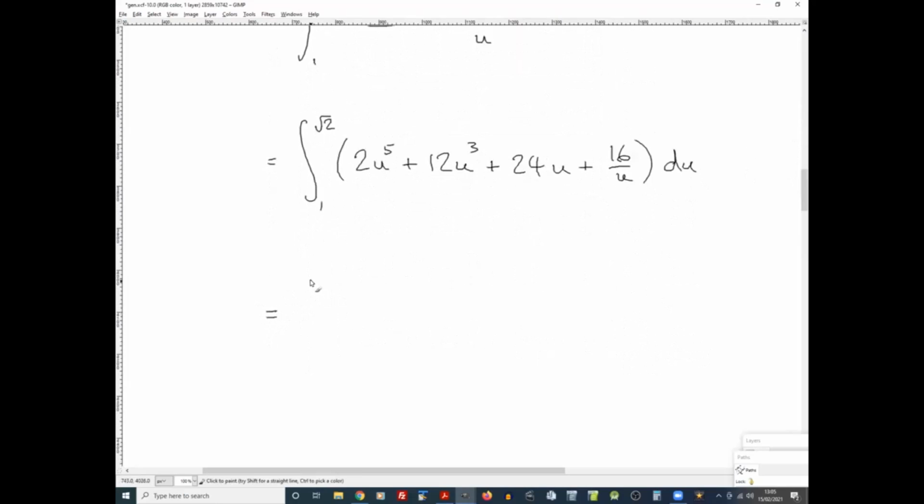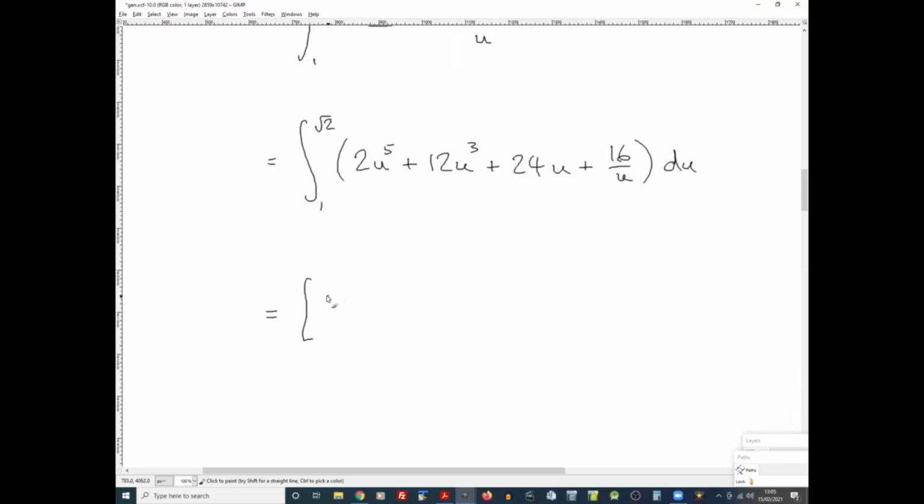And now we can do an antiderivative between those 2 limits. Yes. So, in turn, we'd have u to the 10 over 10, sorry, I'm being stupid.